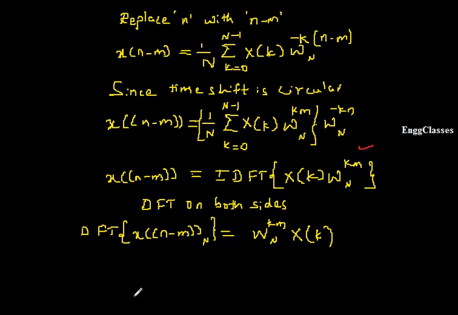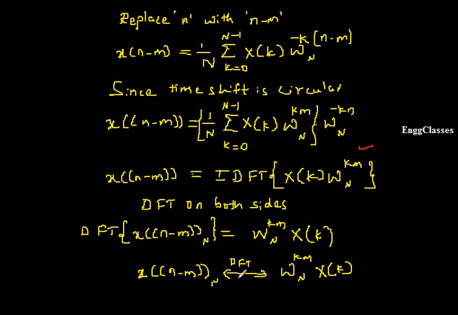And the above equation can also be written as x of n minus m, and I would indicate this with a straight line with arrows on both sides, W_N to the power km, X of k. That results by taking DFT, and if I want x of n minus m, I have to take IDFT.